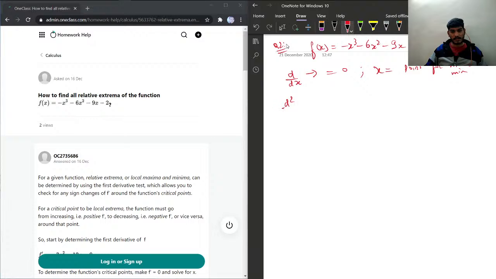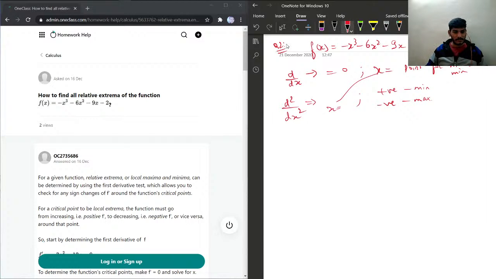Then we'll take the second derivative and substitute these points. If it is positive, then it will be minima. If it is negative, then it will be maxima.